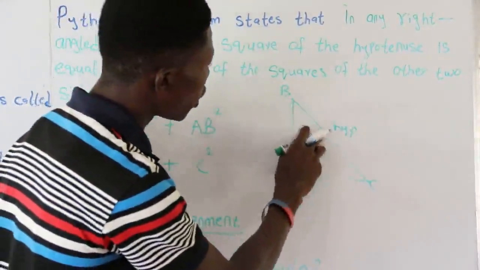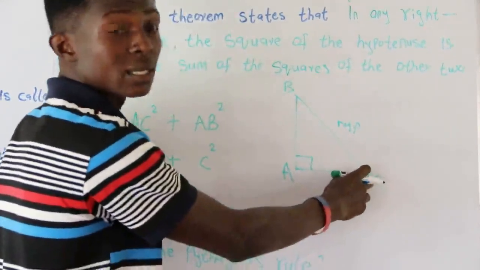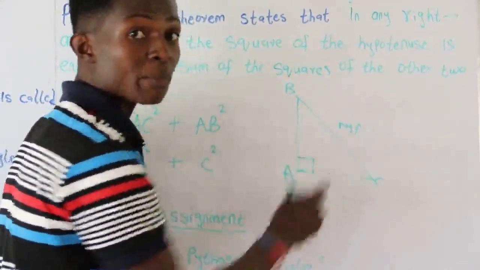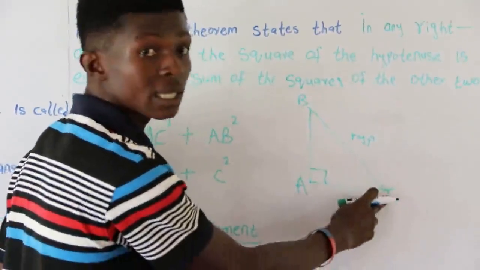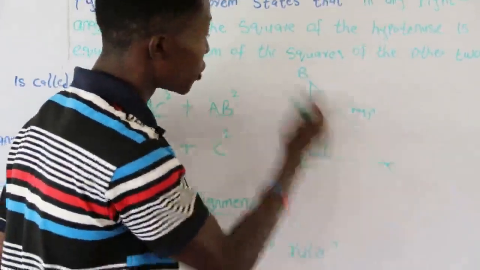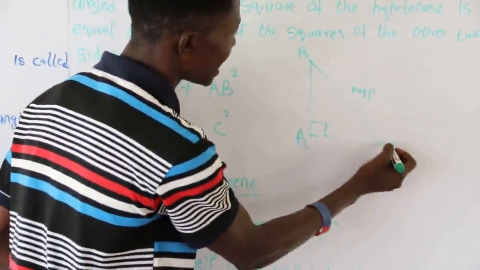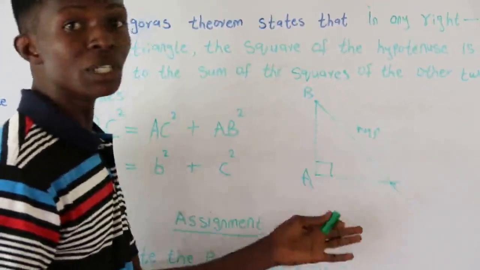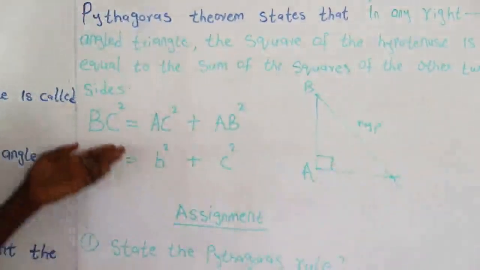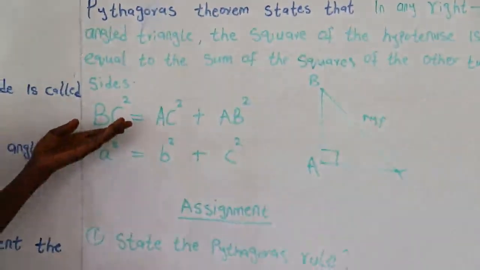we have a long line which is showing us where the hypotenuse is, which is line BC, because this line started from B and ended in C. So that is the hypotenuse, line BC. And that is what we have here, BC.